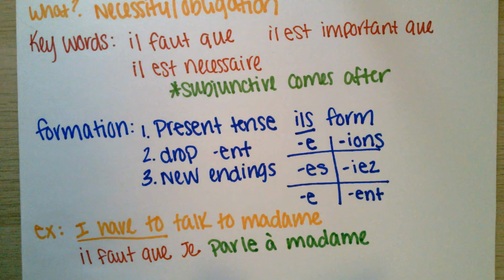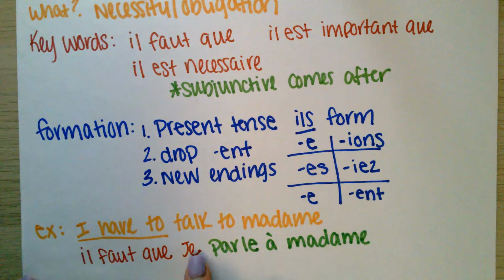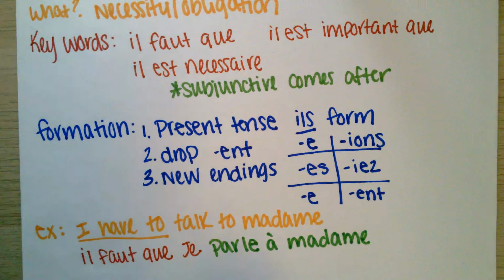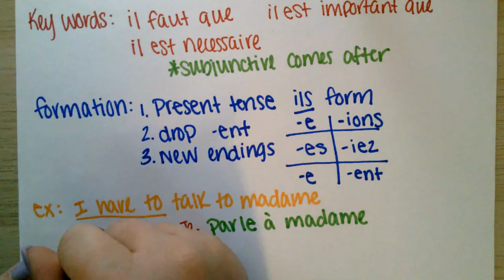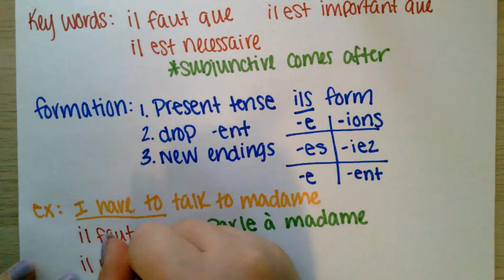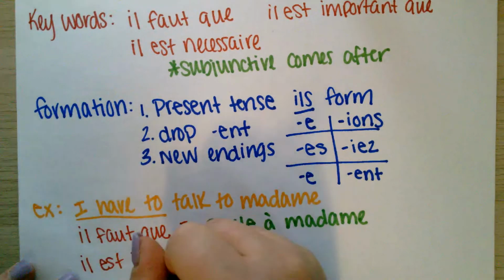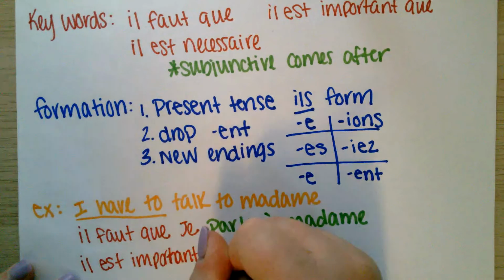Now, this looks a lot like the present tense, right? Because this is how we say I talk in the present tense. But the key thing to know is that you'll know when you're in the subjunctive when you see one of those key words. So if I wanted to say, we have to talk to Madame, let's do that example. We're going to say, il est important que.